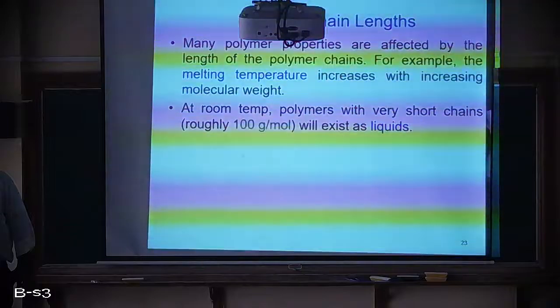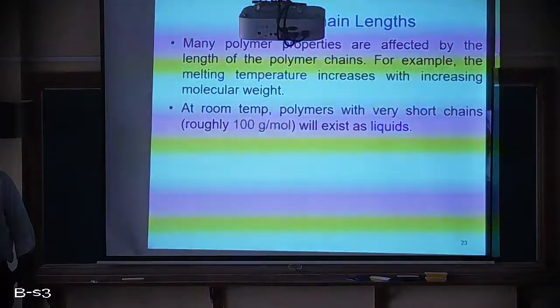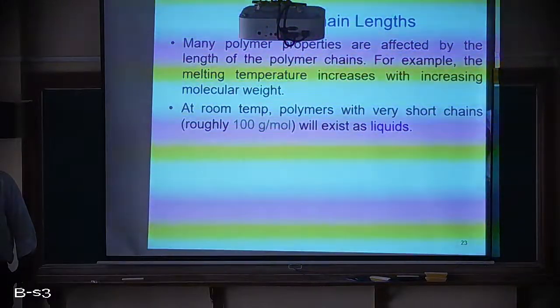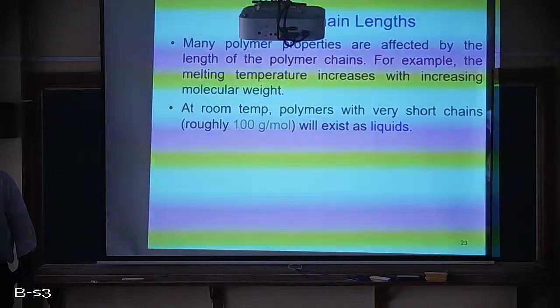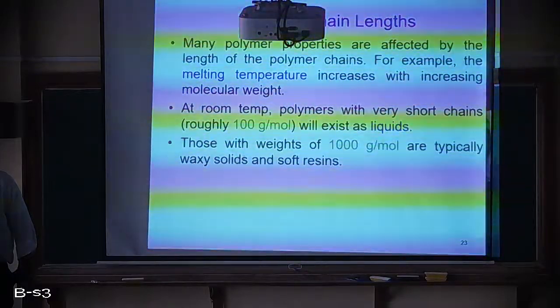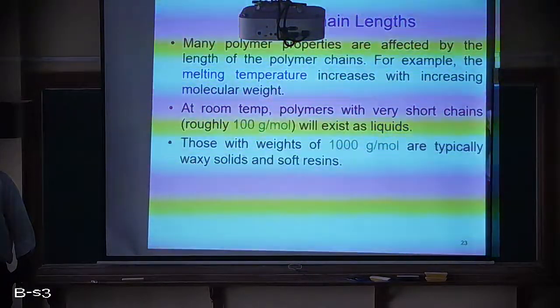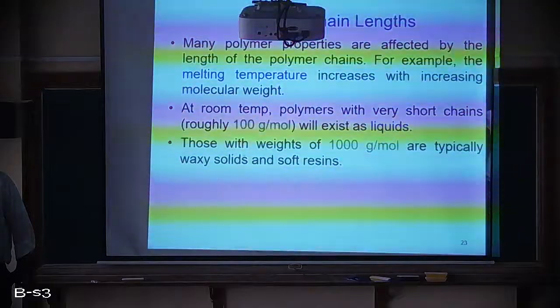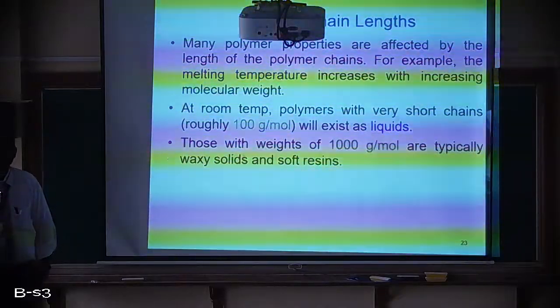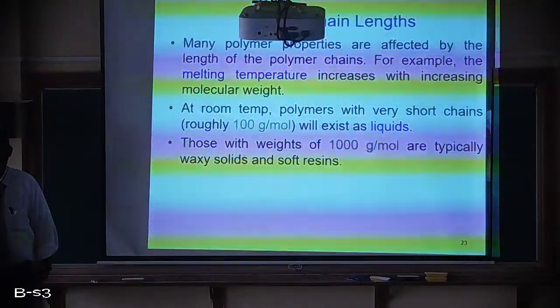At room temperature, polymers with very short chains, roughly 100 grams per mole, will exist as liquids. Now at high temperature, those with weights of 1,000 grams per mole are typically waxy solids or soft resins.